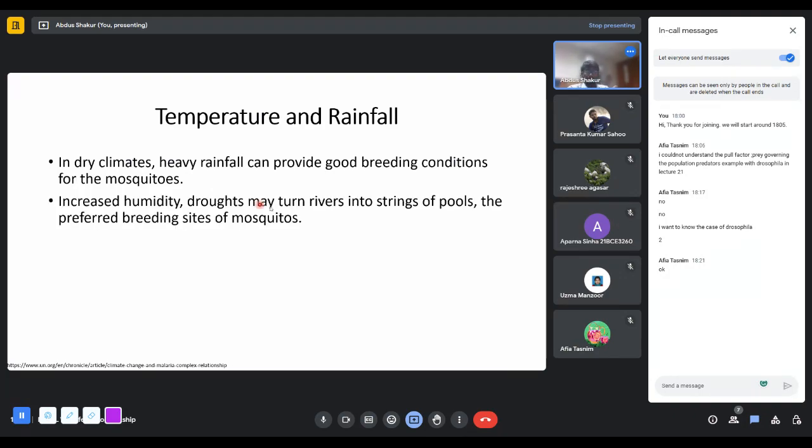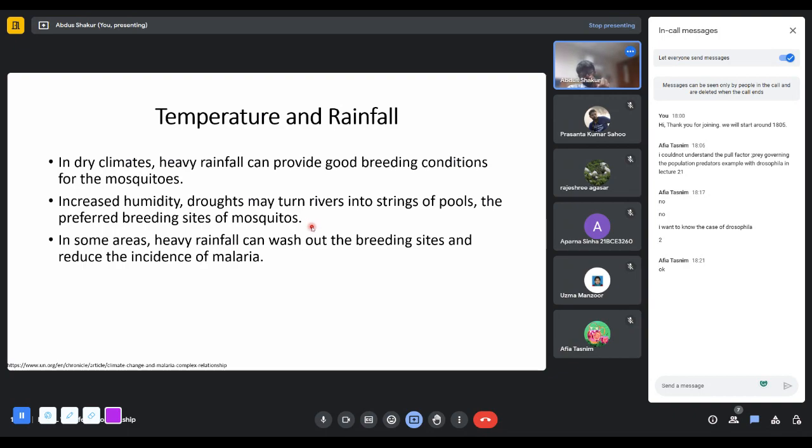However, similarly, if rainfall gets reduced in droughts, it can turn rivers into pools and similarly make breeding sites. They can have higher breeding.